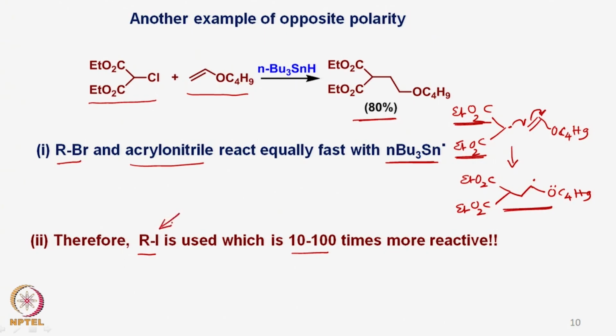However, there is a little problem. Sometimes some of these iodo compounds are not as stable as RBr, particularly at high temperature during the reaction. So one has to look at the compromise between the two and then carry out the reaction.